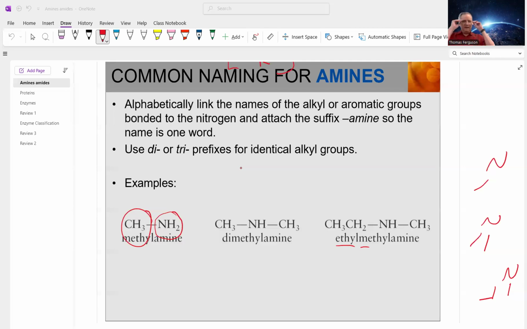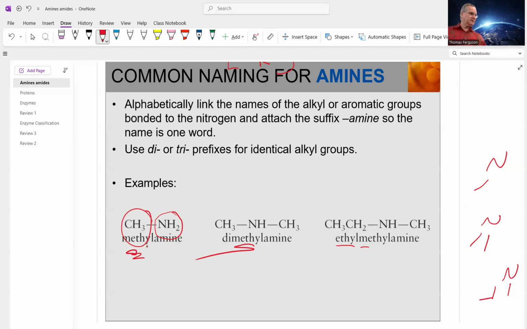Okay, so getting back to naming, this will be the common name. So off the nitrogen, we can have three different groups to name. You just name them, up to three. If it's hydrogen, you leave it blank. So in this one we've got just a methyl group, so it's going to be methylamine. We can have two methyl groups, dimethylamine.